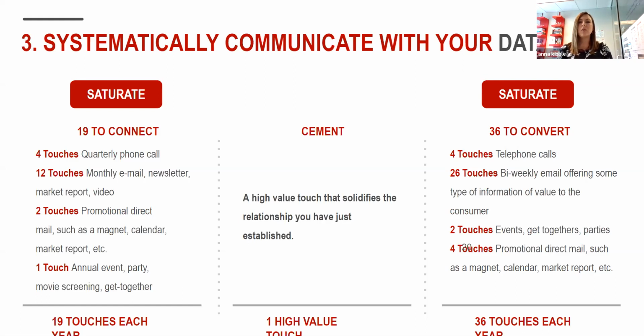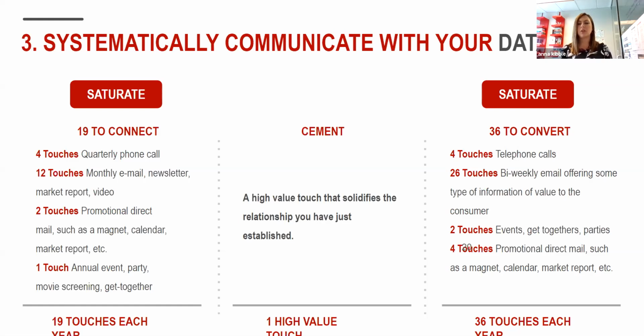So it's going to include phone calls, newsletters, touches as far as emails or direct mails. And then at some point, there's going to be a high value touch that turns them from a lead to a contact. And this is usually them reaching out to you and asking for more information, saying yes to something. Yes, I would like to come to one of your events. Yes, I would like to come to your seminar.